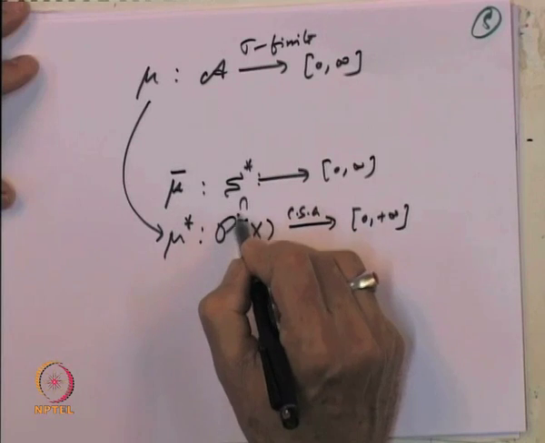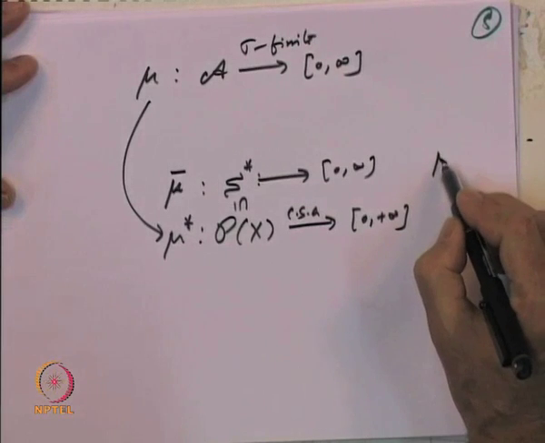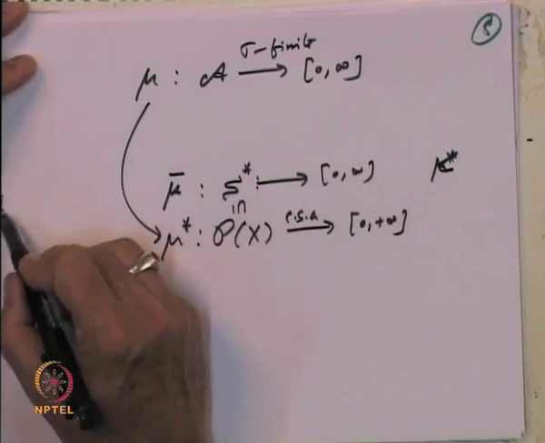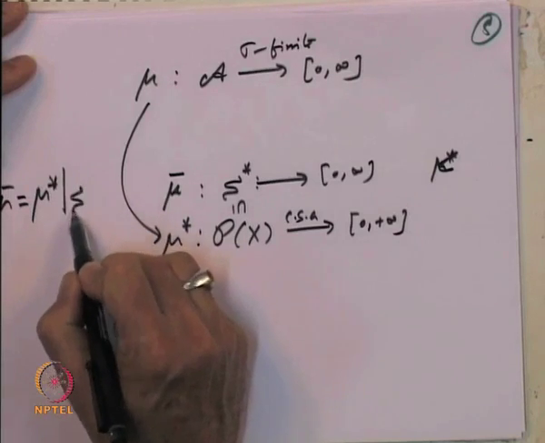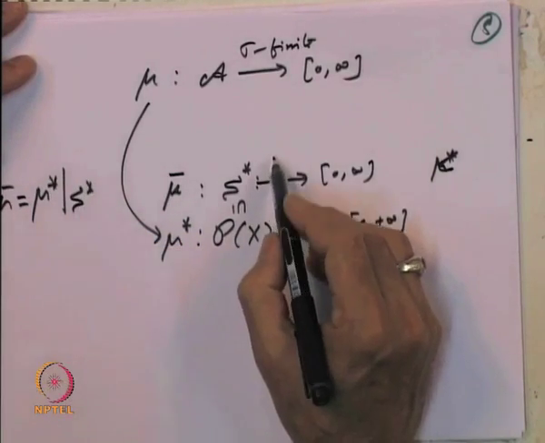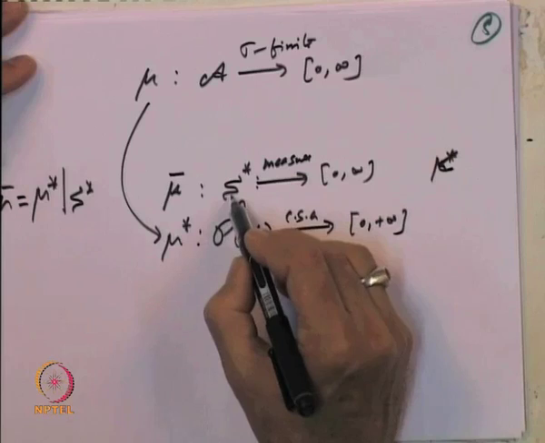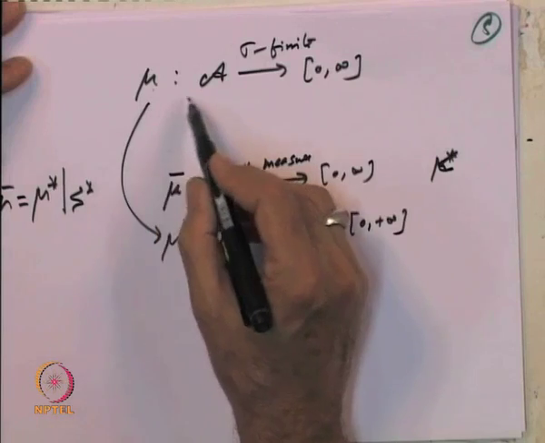Keep in mind S star is the class of measurable sets. So mu bar is equal to mu star restricted to S star. Then this is a measure. S star is a sigma algebra and this is a measure, and we know that this is an extension.